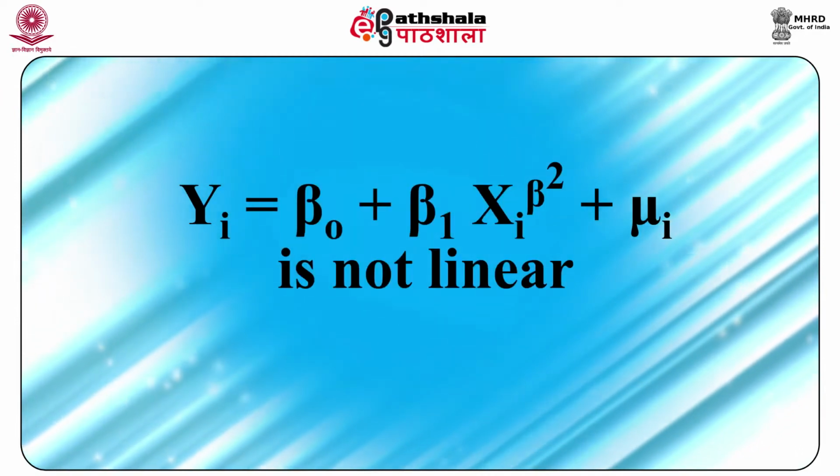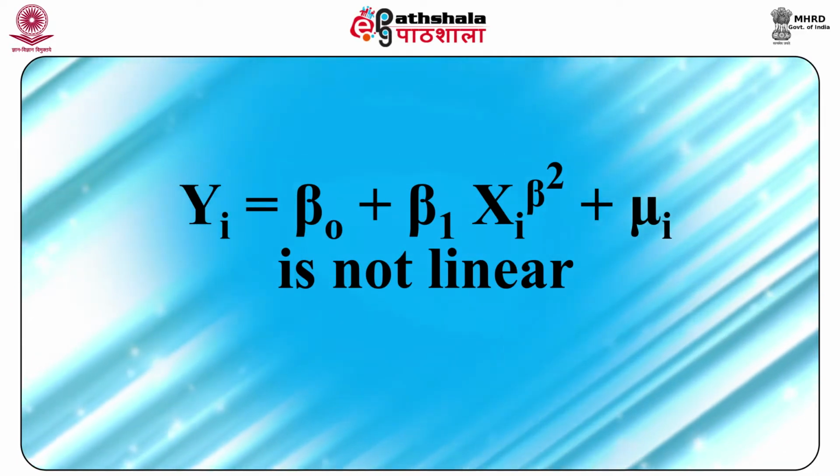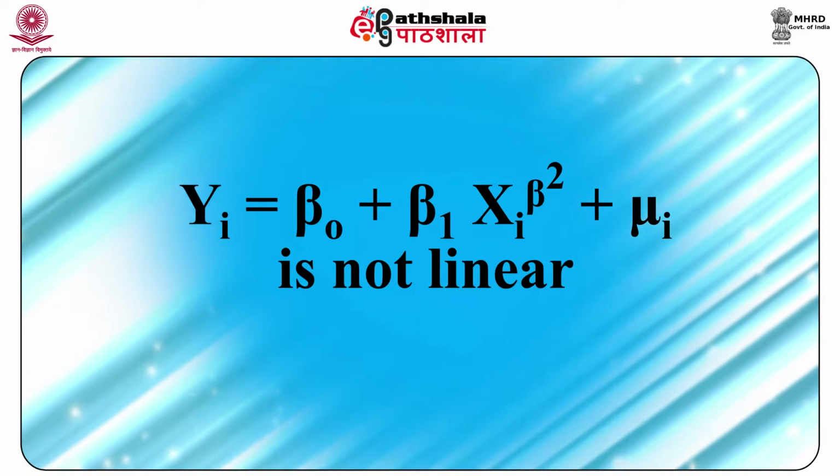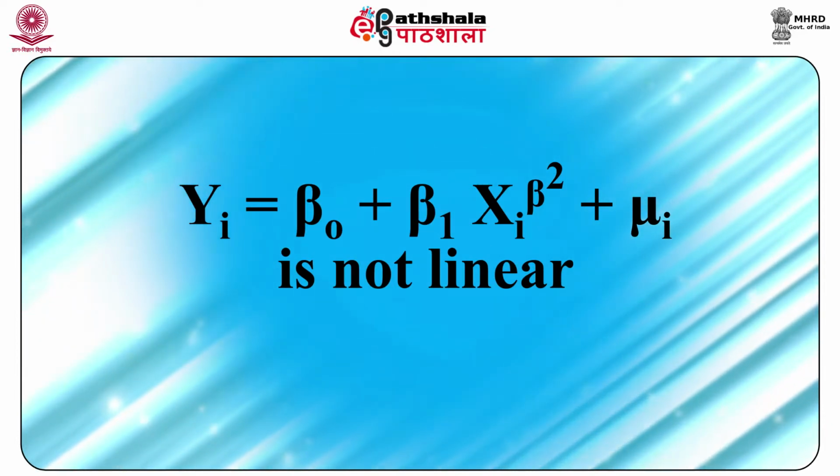For example, yi equal to beta 0 plus beta 1 xi square plus mu i is also linear, but only in parameters and not in the explanatory variable xi. But if we have yi equal to beta 0 plus beta 1 xi raised to power beta 2 plus mu i, this is not linear.